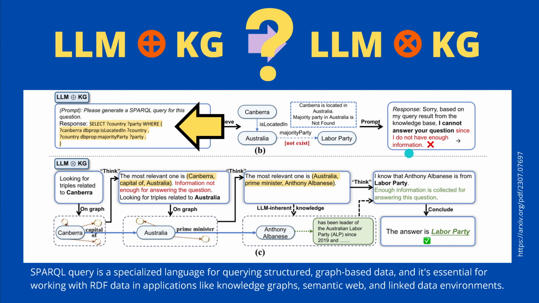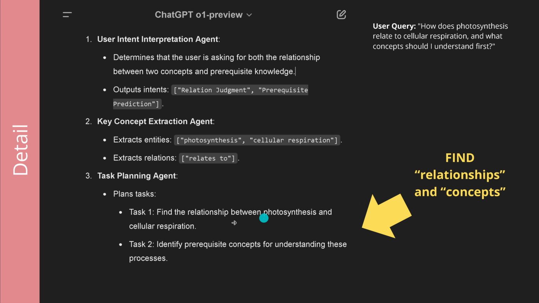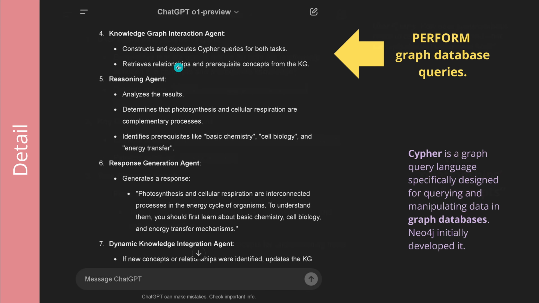You remember, hey, wait a minute, here task 1, task 2. Okay. So Cypher queries for both tasks. So now we understand where we get the structured knowledge from. And then it retrieves the relationship and prerequisite concepts from the knowledge graph.